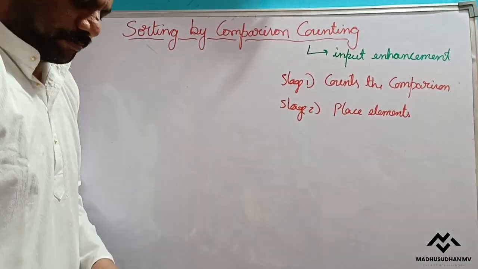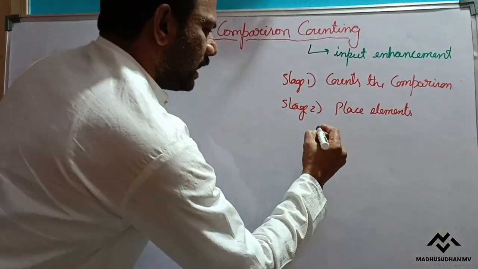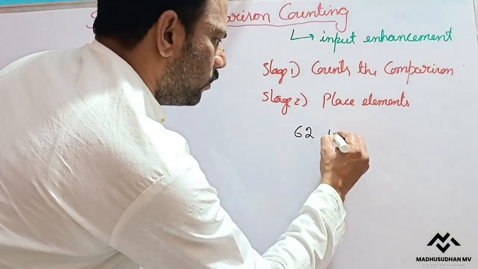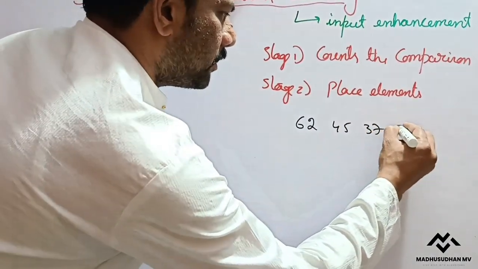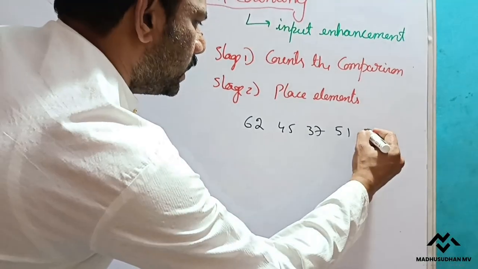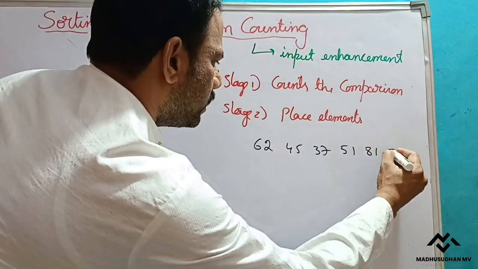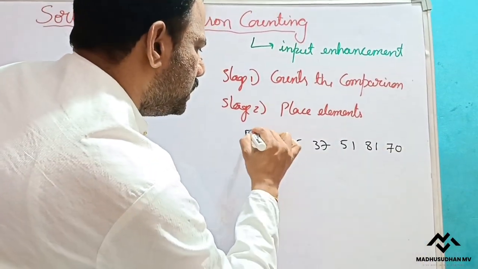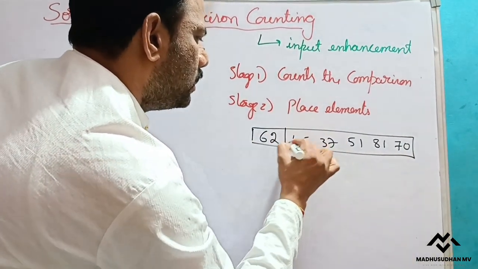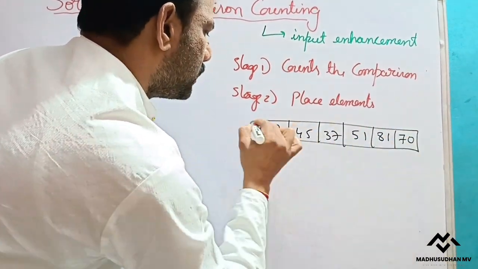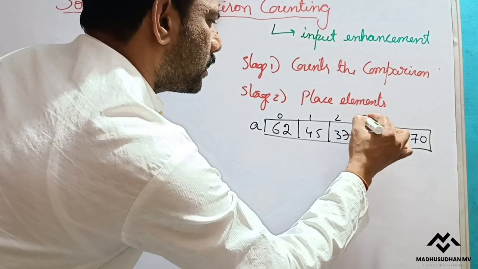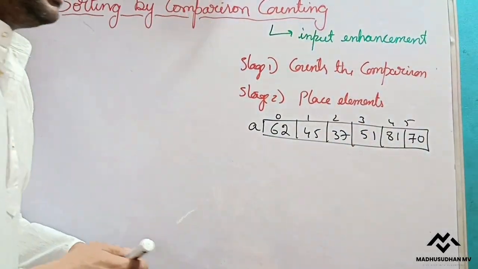Let us take one simple example, chosen randomly: 62, 45, 37, 51, 81, 70. Assume this is the array I need to sort.